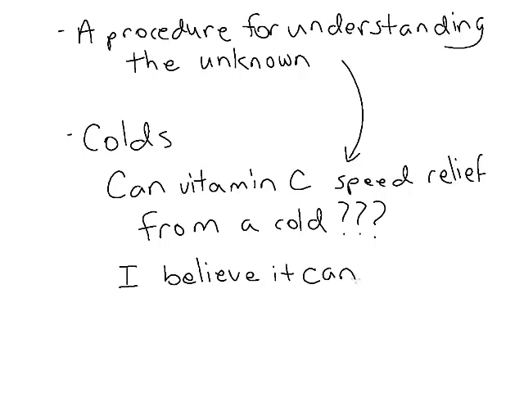Now, on the surface, this seems like it may be a relatively simple question. Okay? But in reality, there could be a lot of intertwined reasons as to why I get better faster, and it takes other people longer to get over their cold. But what I have done is I have made a hypothesis about my observations.